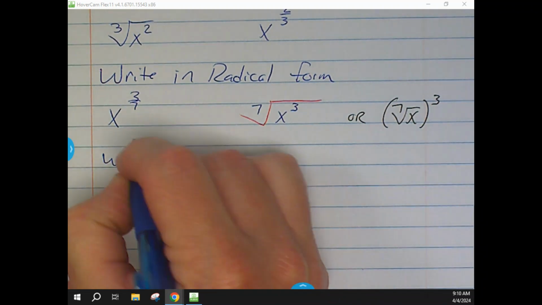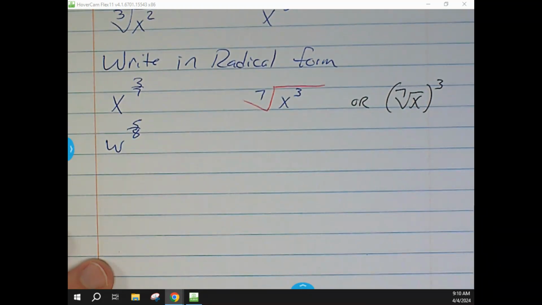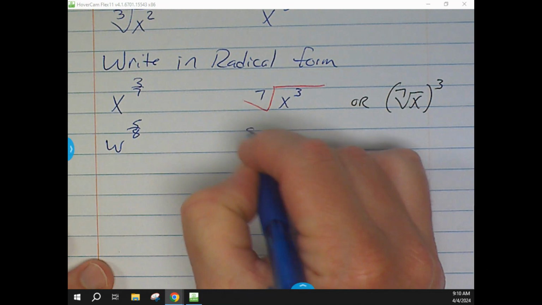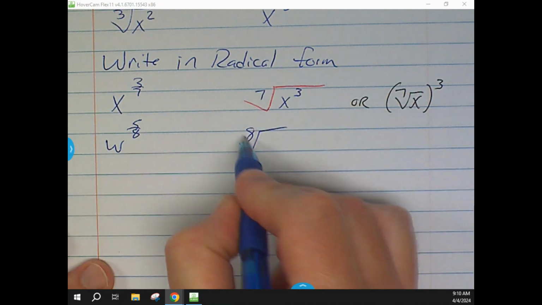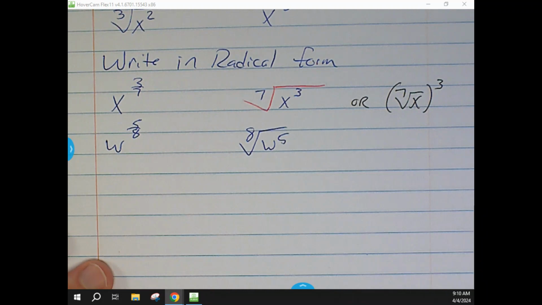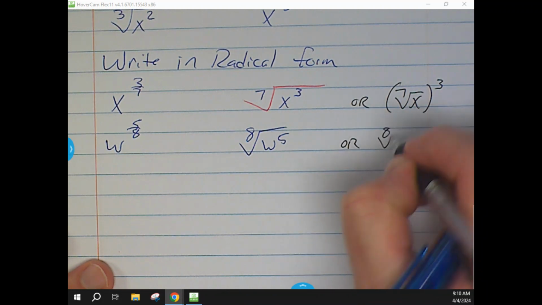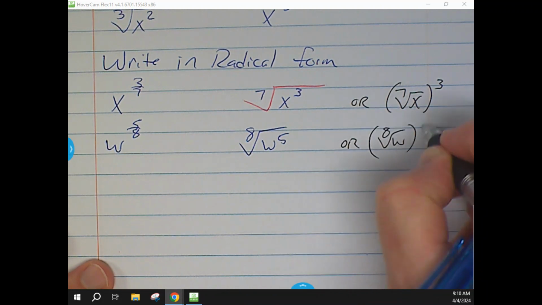So let's do w to the 5/8. So again, denominator goes on your index, w to the fifth to go there. And again, you can kind of go either way. We can do the 8th root of w to the 5th power.